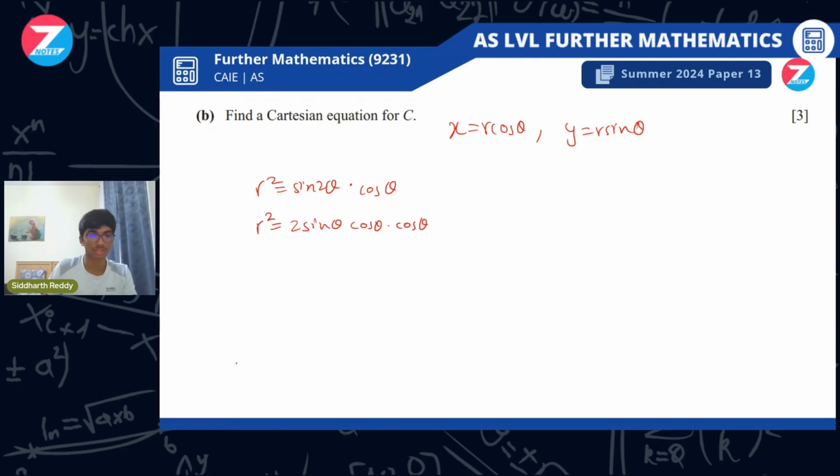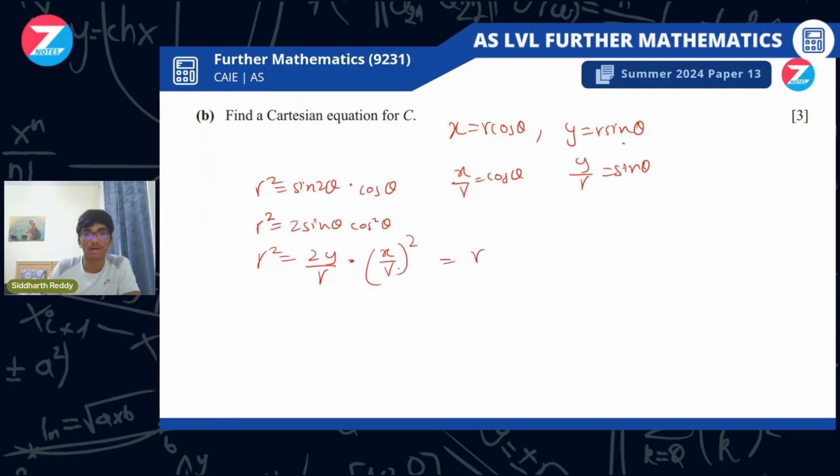So this just becomes 2 sine theta cos square theta. Okay. So sine theta we can write as y by r, and cos theta as x by r. So substituting that here, r square is equal to 2y by r times x square by r square.